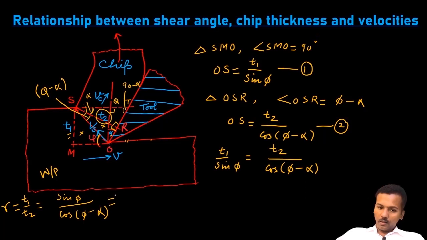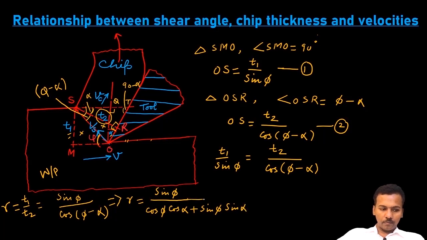We will further simplify that r equal to sine phi upon cos phi minus alpha, that is cos phi cos alpha plus sine phi sine alpha.